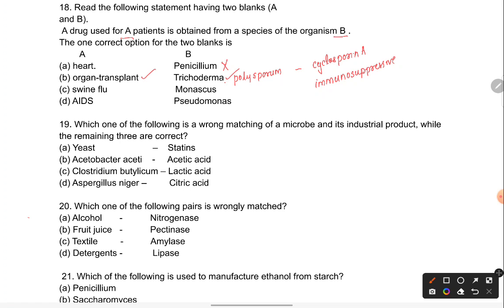Option 1, statins. Statins, do you remember? Statin is an agent used for lowering the blood cholesterol level, and statins are produced by one yeast called Monascus. So this answer is right.